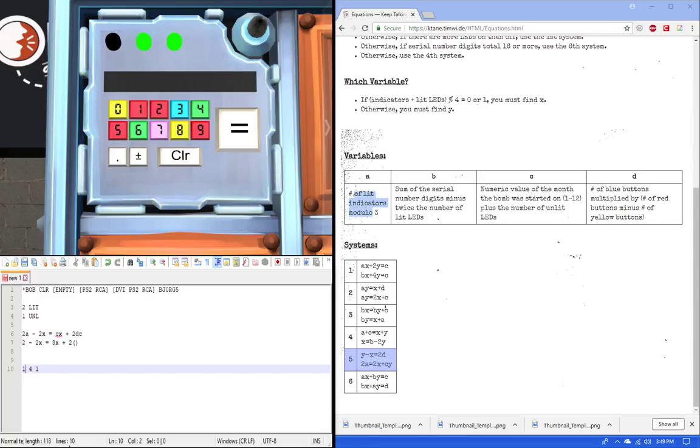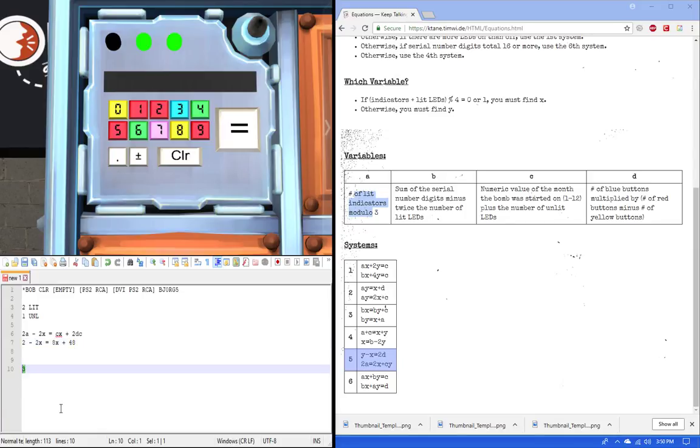So this is going to be 4 minus 1 is going to equal 3. Multiply it by the number of blue buttons, which is 1. So 3 times 1 is going to equal 3. So D is going to be a 3. And then we have C, which is the numeric value, which I've already gone over, which was 8. So it's basically 2 times 3 times 8. So 8 times 3 is 24. 24 times 2 is 48 is our number.